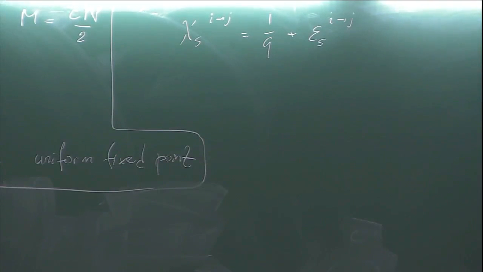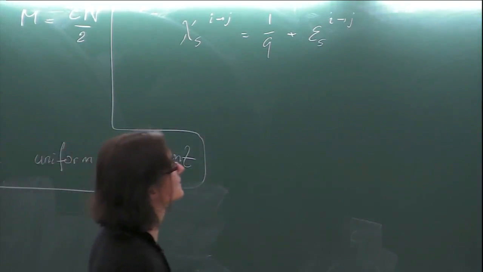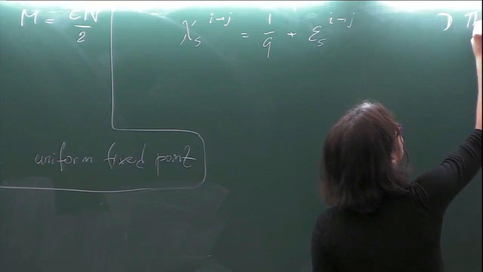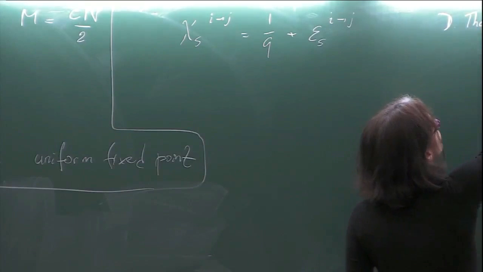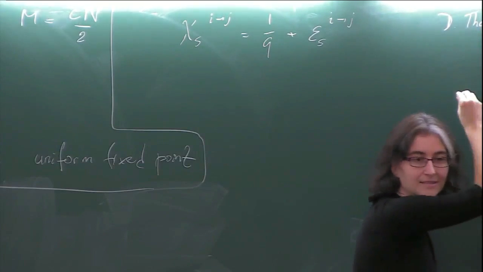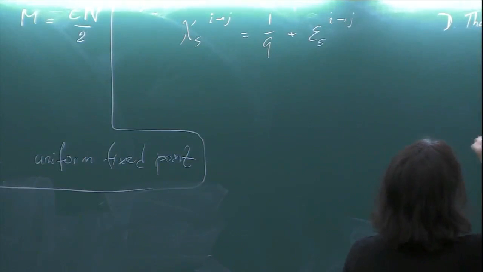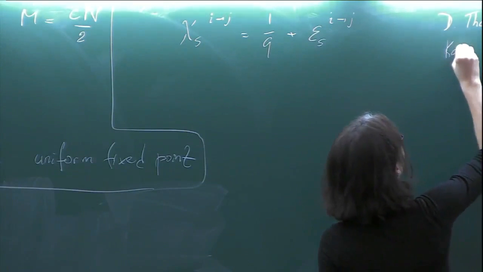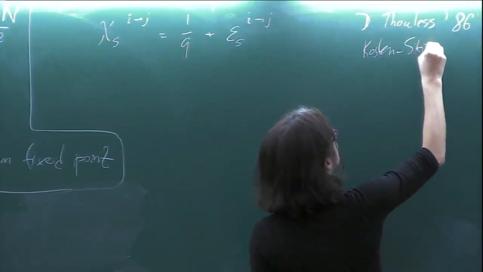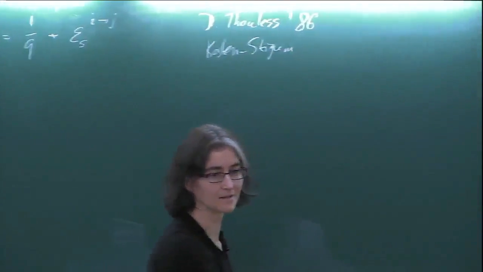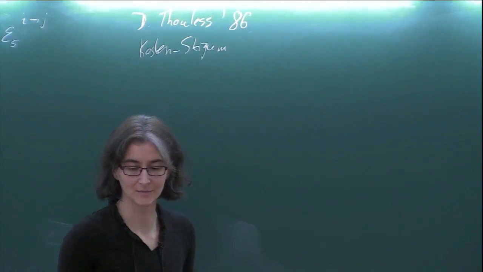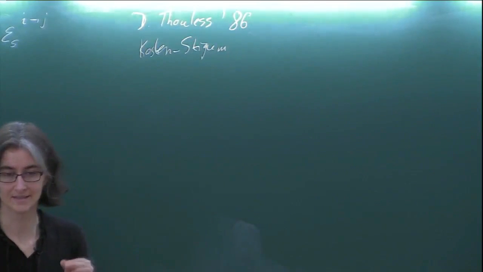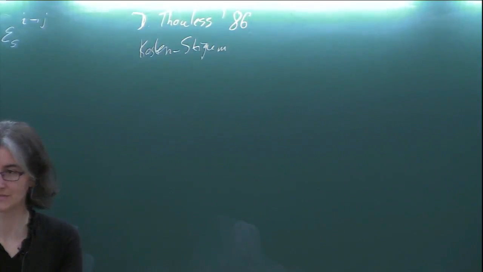This is a calculation that, not for the coloring but for the spin glass model, was done by David Thouless in '86, the Thouless who got the Nobel Prize this year in physics. But it's also a calculation that on trees was done by Kesten and Stigum, mathematicians who were studying Galton-Watson branching processes, which is nothing but a name for a tree with a Poisson degree distribution.